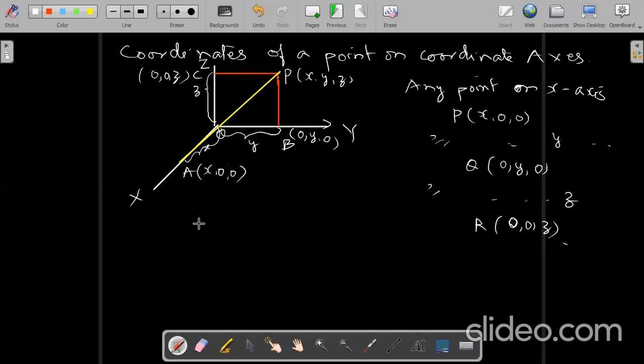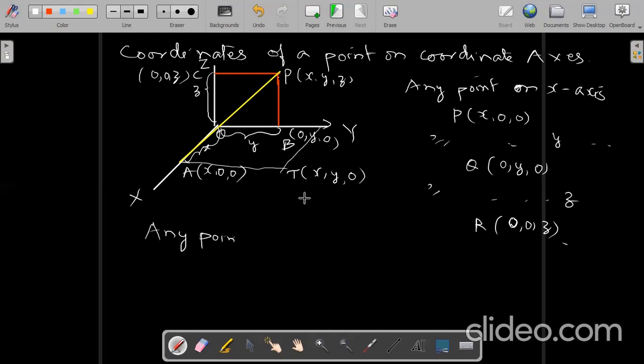On the xy plane, the z coordinate will be 0. If a point lies on this plane, suppose this is the xy plane and here is a point T, it will have an x coordinate and a y coordinate, but it does not have the third dimension above.